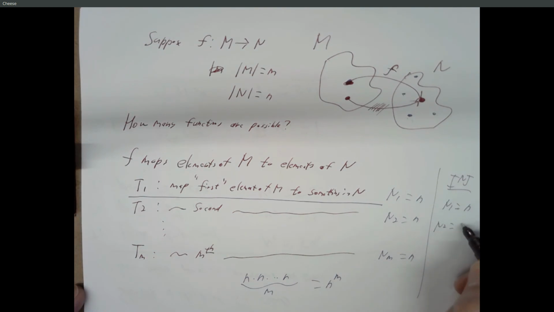So the count for T2 is little n minus 1. T3 is little n minus 2. And T sub m is n minus, and this is going to end up being m minus 1. And so the product of these will tell you how many injective functions there are. And it's a fair bit smaller than n to the m.